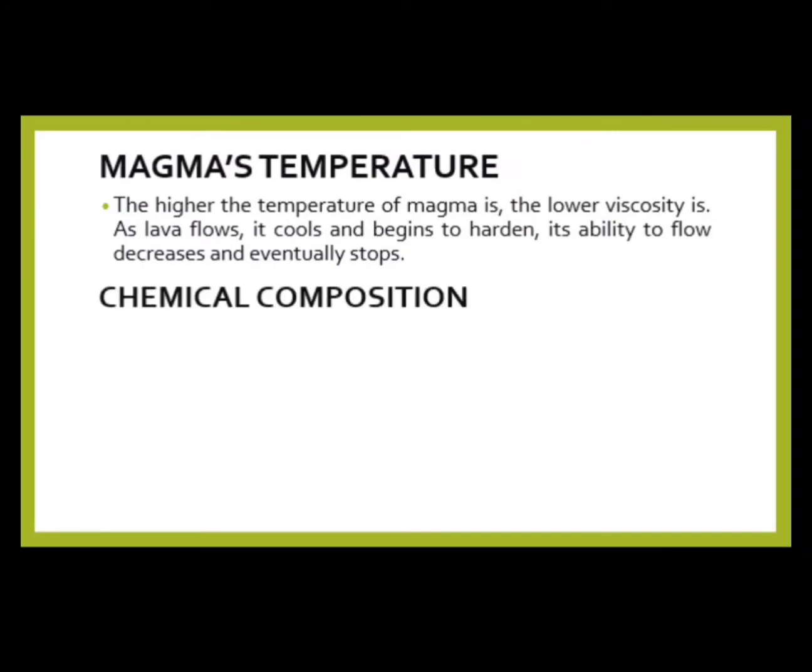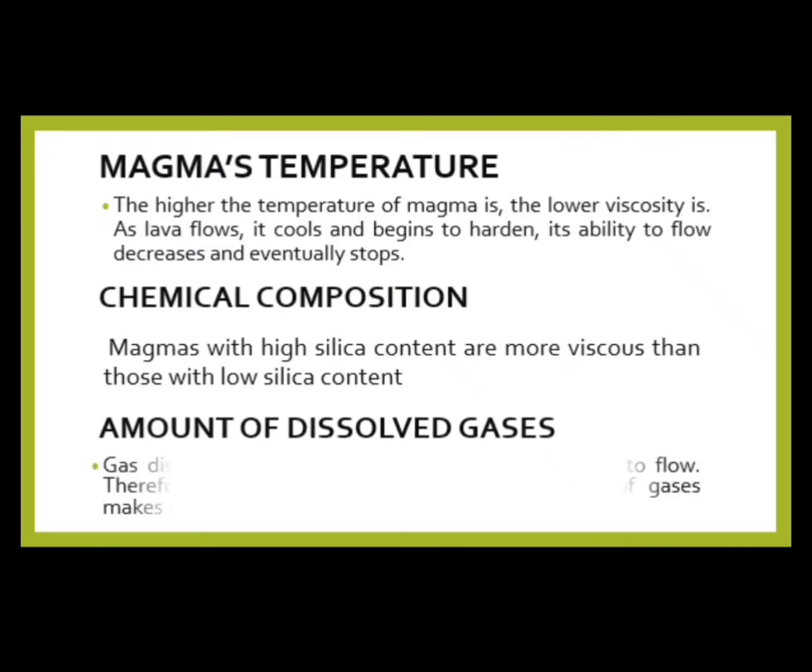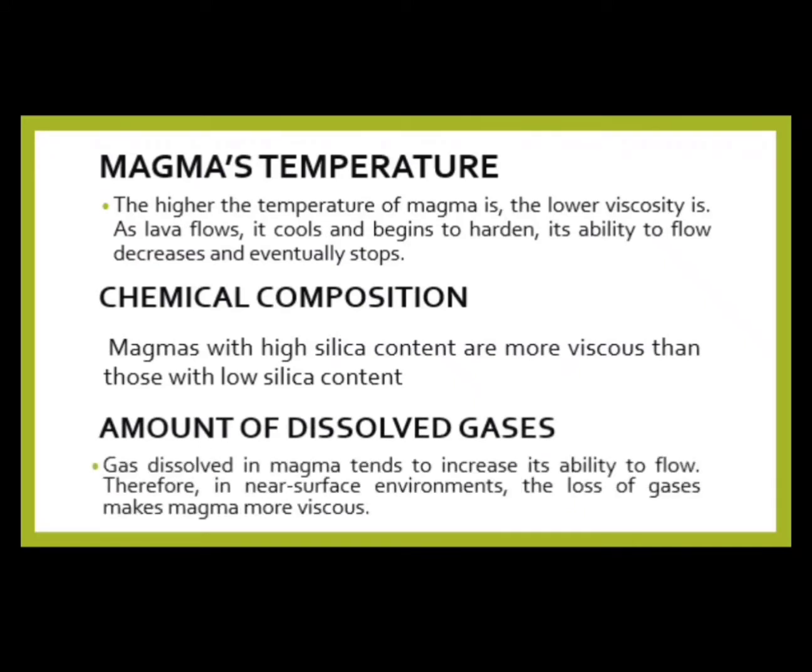Chemical composition. Magmas with high silica content are more viscous than those with low silica content. Amount of dissolved gases. Gas dissolved in magma tends to increase its ability to flow. Therefore, in near-surface environments, the loss of gases makes magma more viscous. So, the more viscous and thicker the material is, the greater is its resistance to flow.